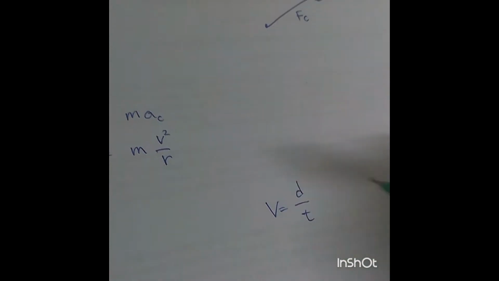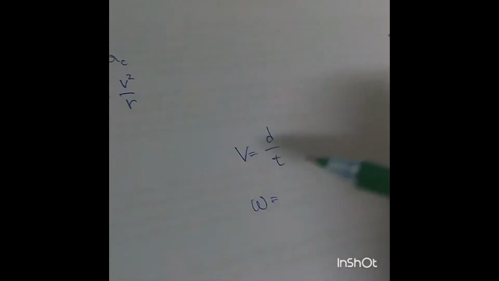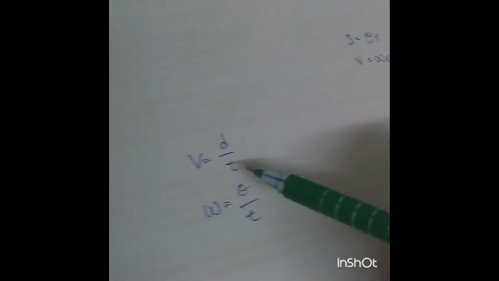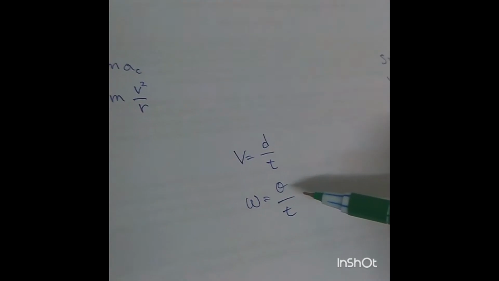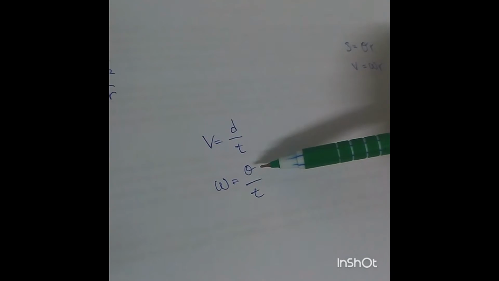In this kind of formula, velocity corresponds to omega, distance corresponds to theta, and t is the same. So they can be changed just by changing to the corresponding symbol.